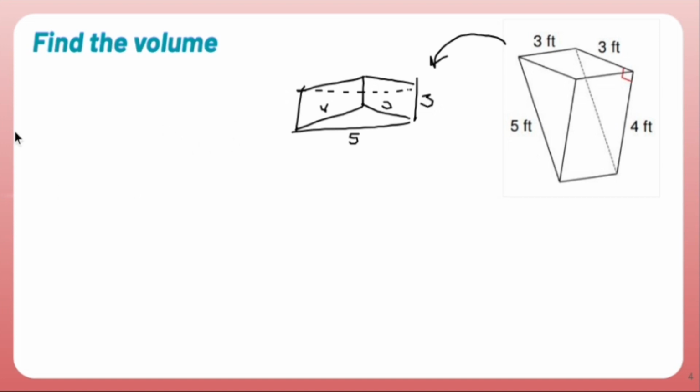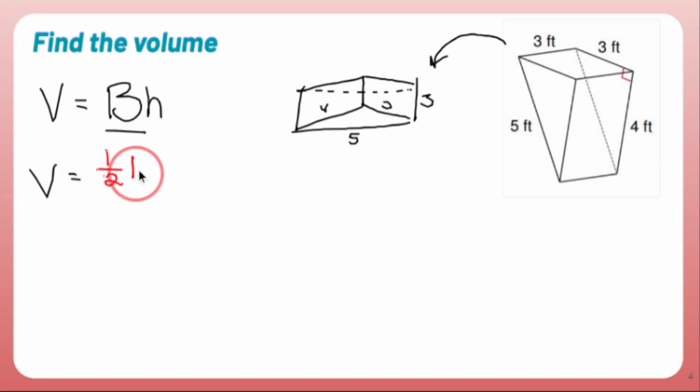Why does all this matter? Well, the volume is going to be the area of the base times the height. Now, this is a triangle. So if this is a triangle, I'm going to replace area of base with the area of a triangle, which is 1/2 times base times height.